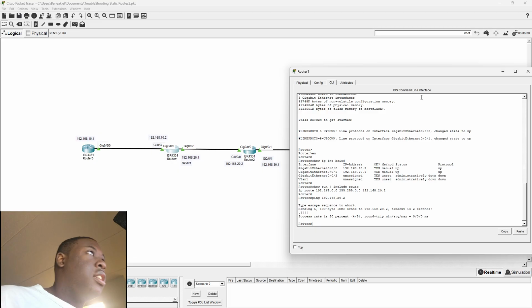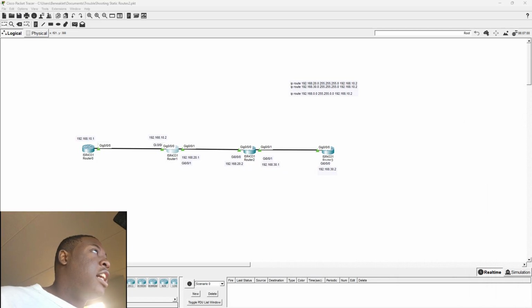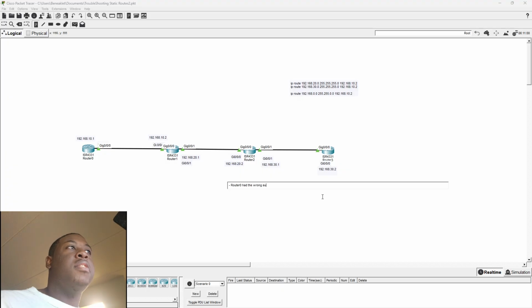Yes, we can. And before we continue, I want to write this down. Router 0 had the wrong subnet mask for the IP, so we changed it to 255.255.255.0.